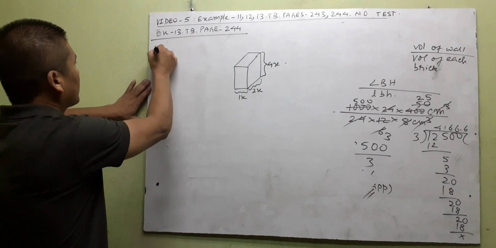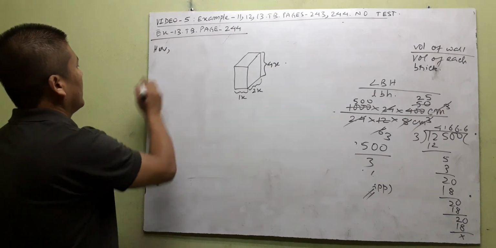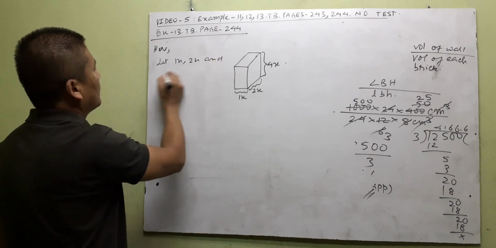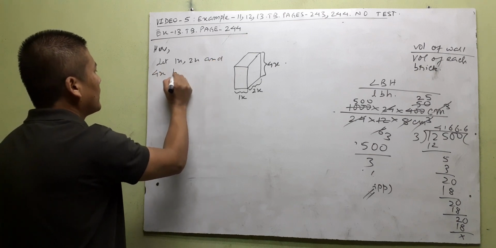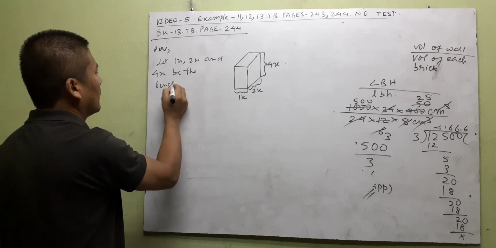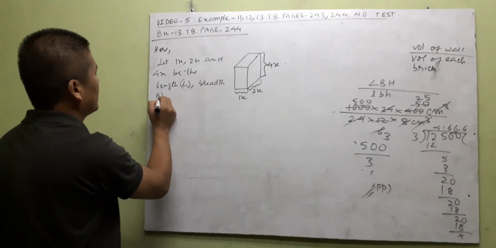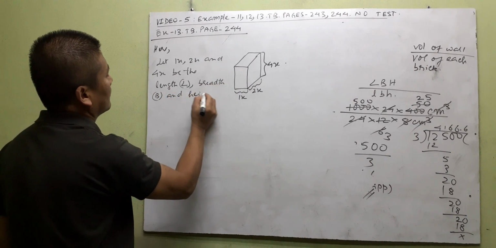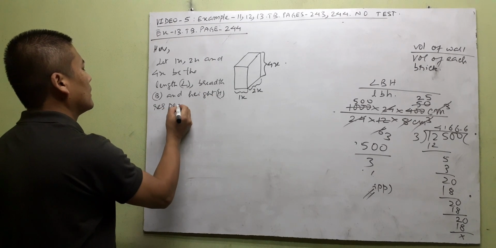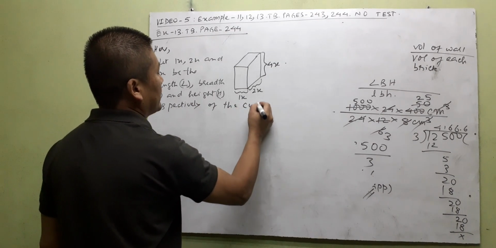So here, let the dimensions 1x, 2x, and 4x, let's just put it simply like that, be the length, let us say capital L, breadth, capital B, and the height, capital H, respectively, of the cuboid that is given to us.